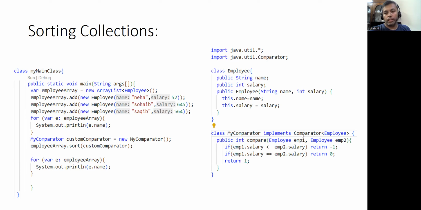So this is generic, so I'm implementing a comparator interface, and this is generic in the sense that I can implement this comparator interface for any type of object that I want.